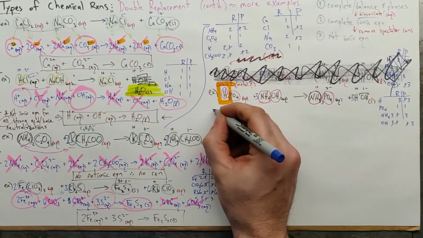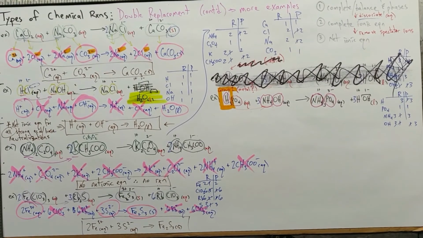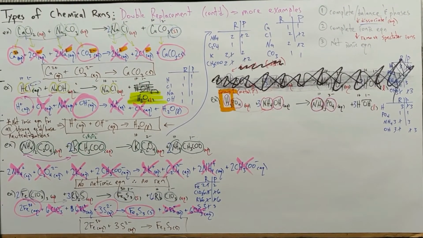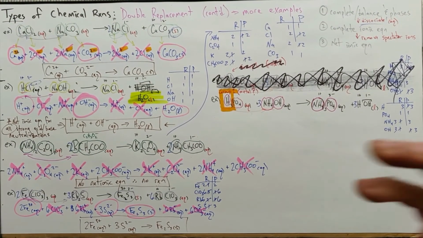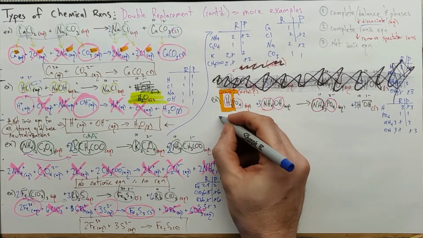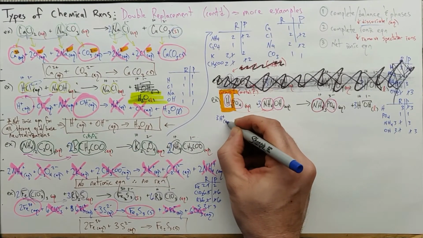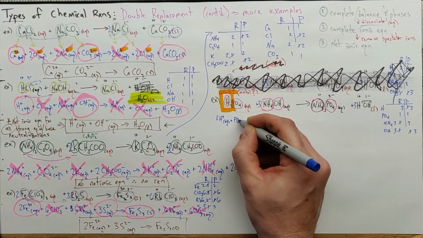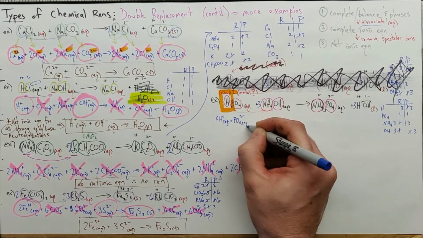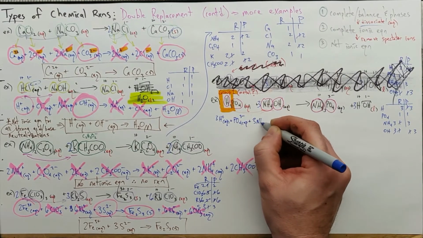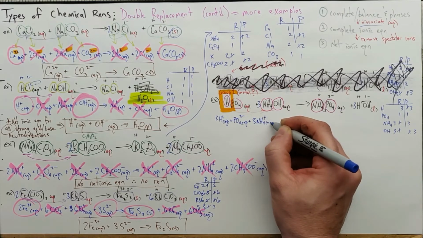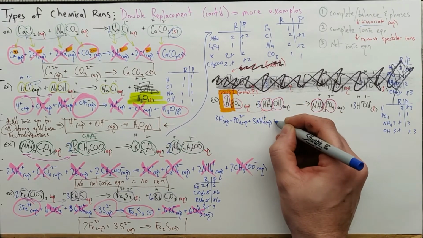We have 3 hydrogen ions, aqueous, and phosphate, 3 ammoniums, and 3 hydroxides.